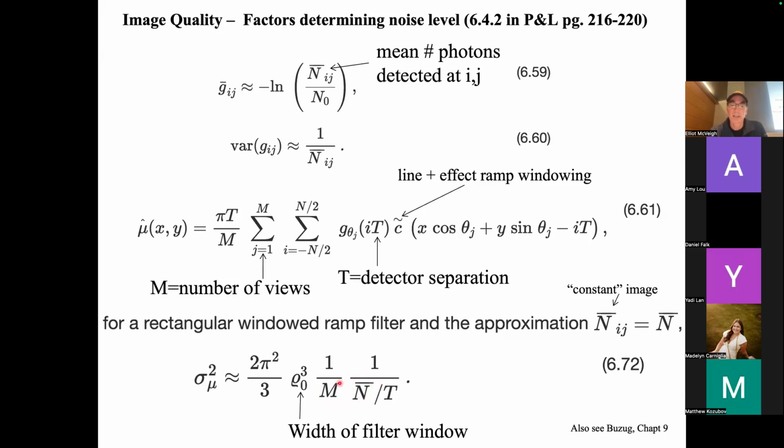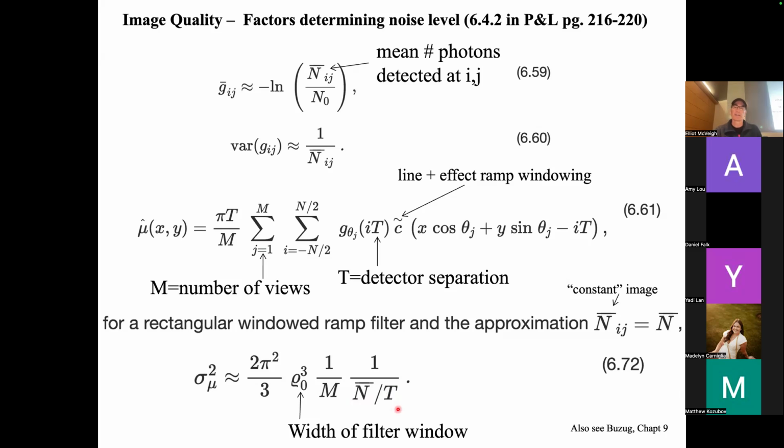Also, sigma is going to go up as the mean number of photons that are used to make the picture in that pixel goes down. The sigma is going to go up as 1 over the mean, right? And interestingly, here we have n over t.